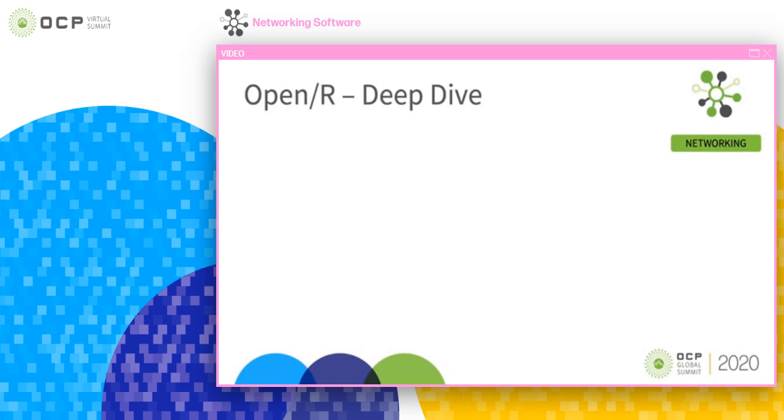Now let's take a look deep into OpenR. At its core, OpenR offers the IGP routing protocol functionalities. So the question is, what makes up a routing protocol? Number one, a routing protocol needs to first discover who are its local peers.